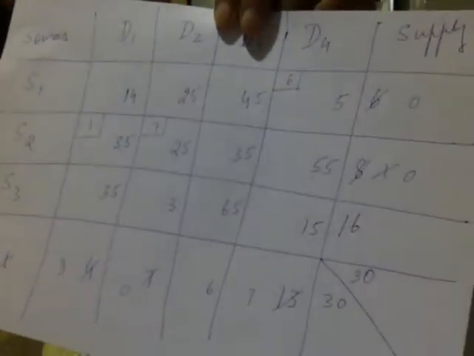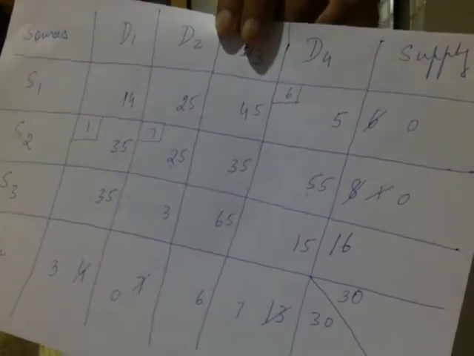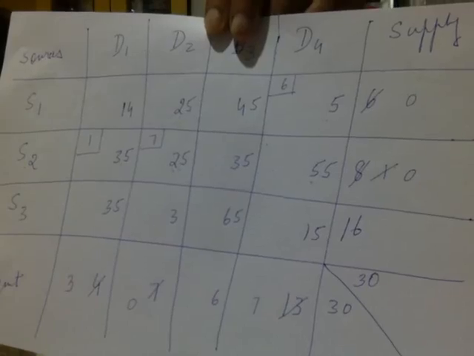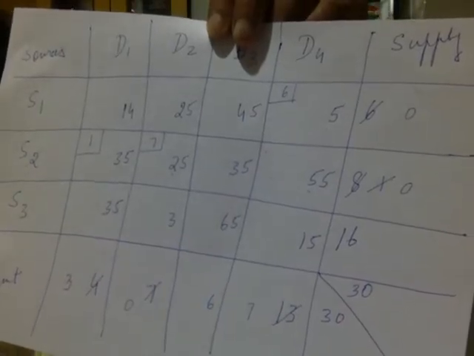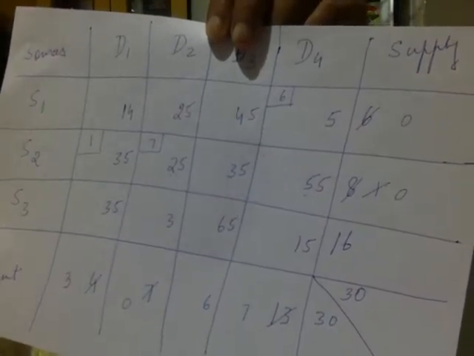We'll take the first one. So we will give S2 to D1 1 unit, which is left. So S2 has 0 supply, and D1's requirement becomes 4 minus 1, 3. Alright, since it is a row minima method, we have eliminated the rows. So here we have 3 left. Is that clear? Let's go on.